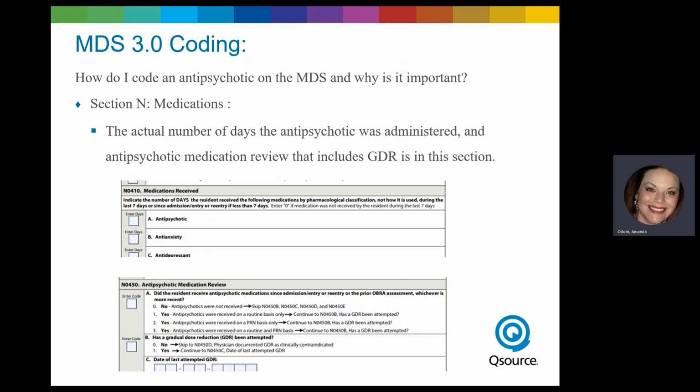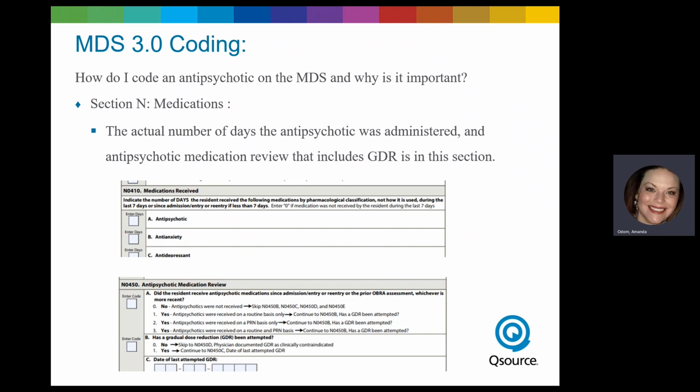Clinically contraindicated. This decision should be based on the fact that tapering of the medication would not achieve the desired therapeutic effects, and the current dose is necessary to maintain or improve the resident's function, well-being, safety, and quality of life.